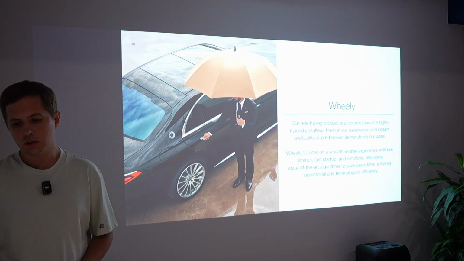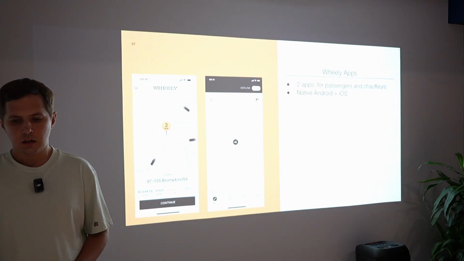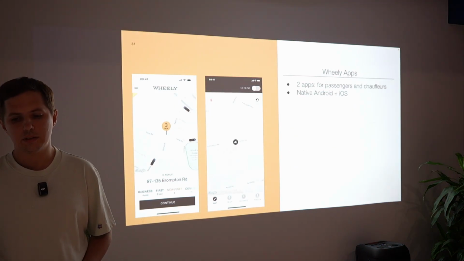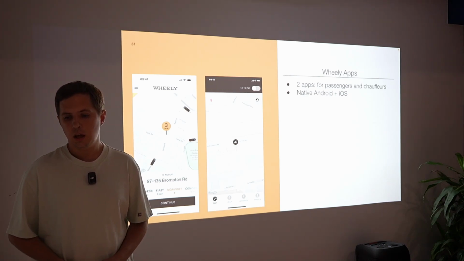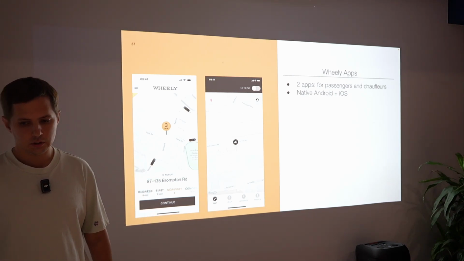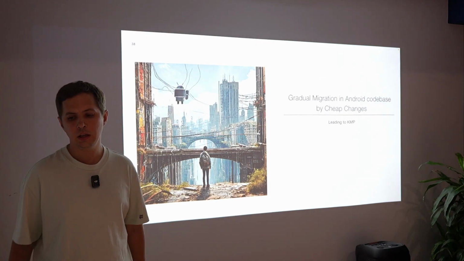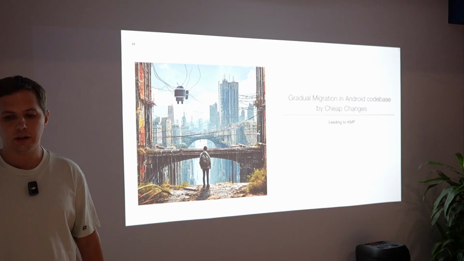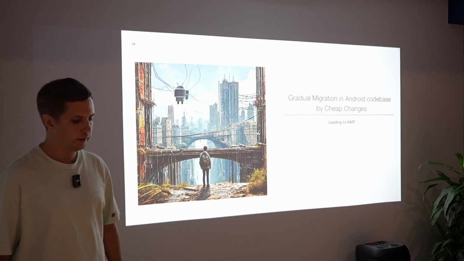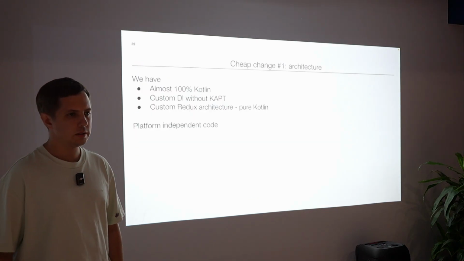We focus on a smooth mobile experience and make for this currently two applications, one for passengers and one for chauffeurs, and each of them has native Android and iOS versions. So once again, what we are doing is a gradual migration in the Android code base, in the Android monorepo, by chip changes, and we expect this to lead us to a KMP future. So let's talk about these chip changes.